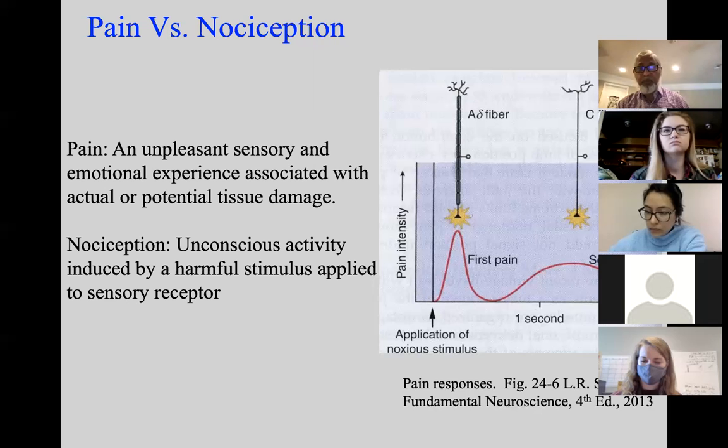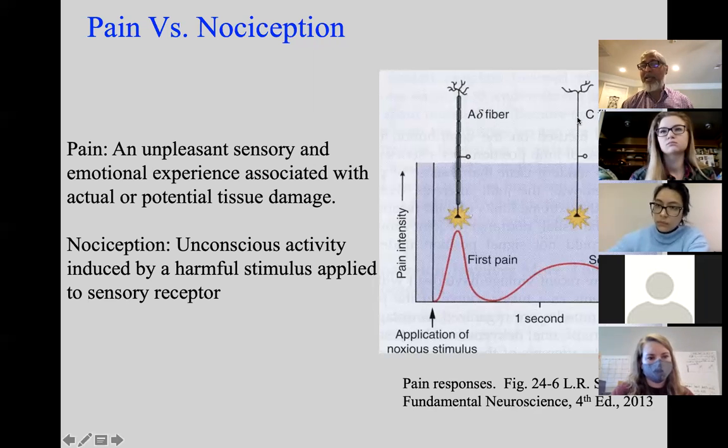Okay. Now, there are two types of pain. One is the sharp pain, or we call it first pain. Look at how the pain signal is carried. One good thing is that pain is not carried very quickly, because A delta fiber is the smallest of the myelinated fibers, right? And C fiber is the unmyelinated. So the first pain is transmitted by A delta fiber.